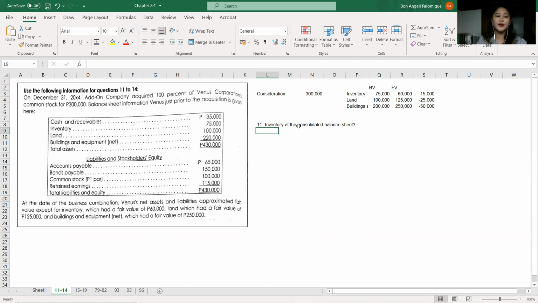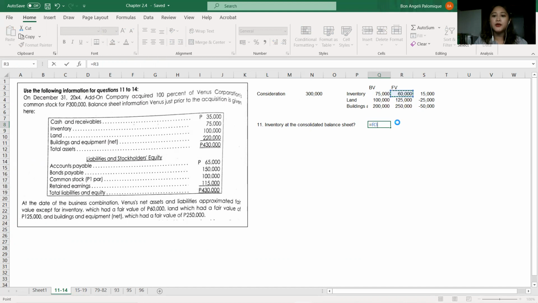Ang sabi natin, kapag ganito, inventory is yung book value ni parent plus fair value ni subs. Kasi in fact, yung mangyayari is book value plus elim entries considering the over-under valuation. So, ang end up mo din is yung book value ni parent plus fair value ni subs. Wala namang book value ni parent, so ang sagot na agad natin is yung fair value ni subs, which is 60,000.